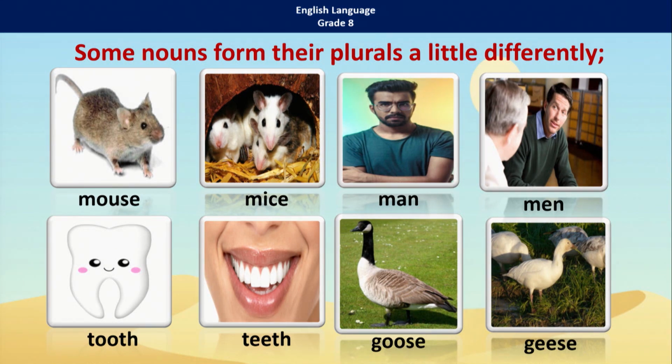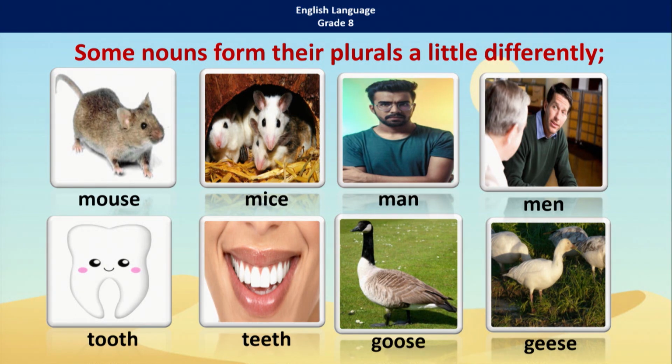All right, children. Now we learned a lot of rules. Can you all remember what is the easiest and the first rule that we learned? It is just adding an S to the noun. Then we went through a lot of rules. If the word ends with SH, CH, S, double S or X, then we are adding ES to the plural form.